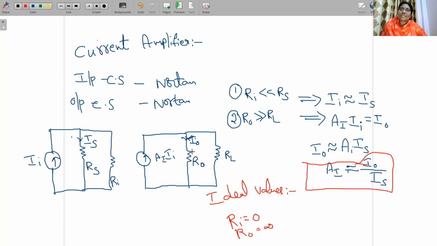Then we have to represent the values of Ri and R naught: Ri is far less than Rs, R naught is far greater than RL. Ideal values are Ri equal to 0 and R naught equal to infinity. Then we'll go for the transconductance amplifier as well as the transresistance amplifier, okay ma'am.